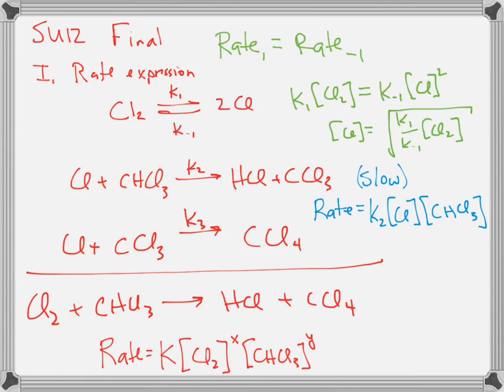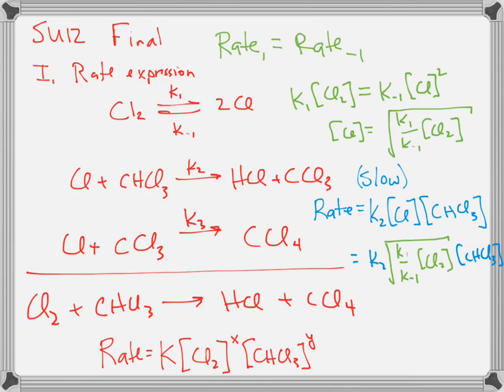Now that I know the concentration of chlorine, I can sub that back into my expression. And we know K2 times the square root of K1 over K minus 1 times the concentration of Cl2. Do that right? Yeah. Times the concentration of CHCl3. Do I know the concentration of CHCl3?